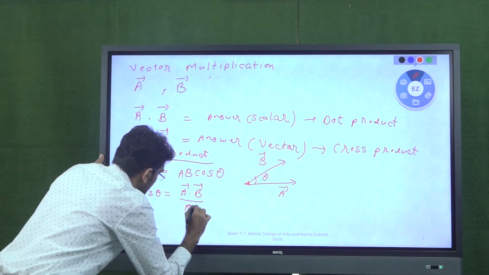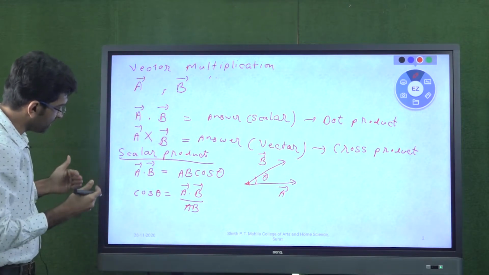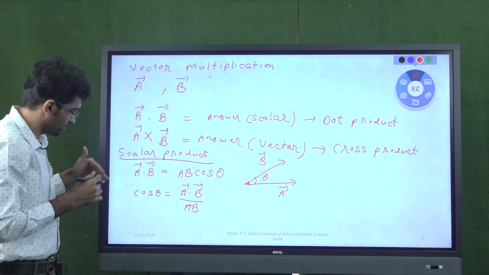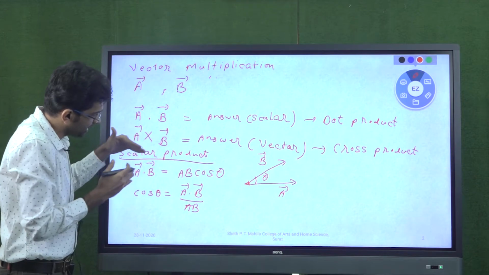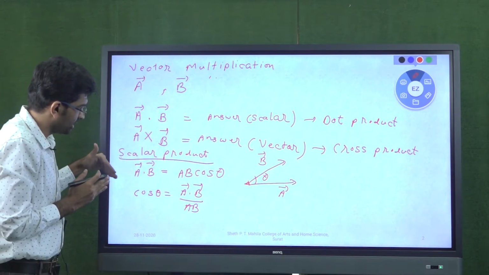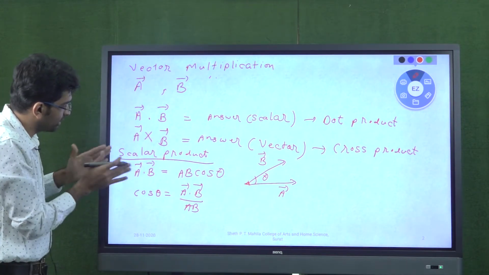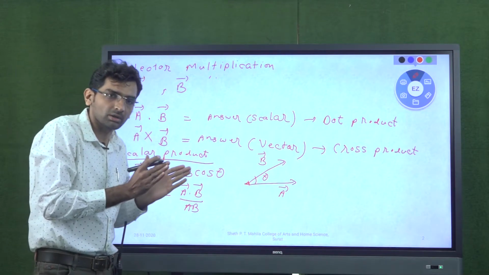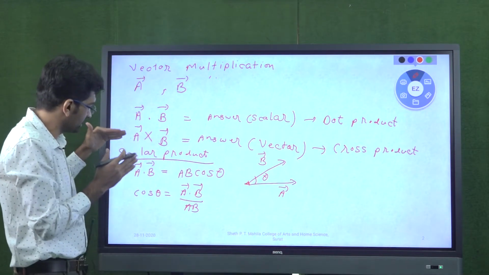So cos theta is given by A dot B divided by AB. That is how I can find the angle between two vectors if I know the scalar product of the vectors.